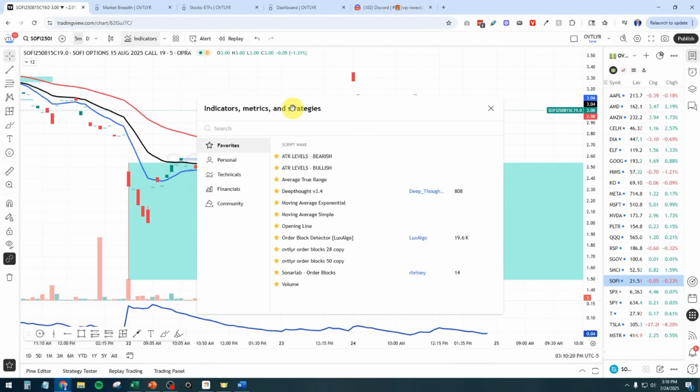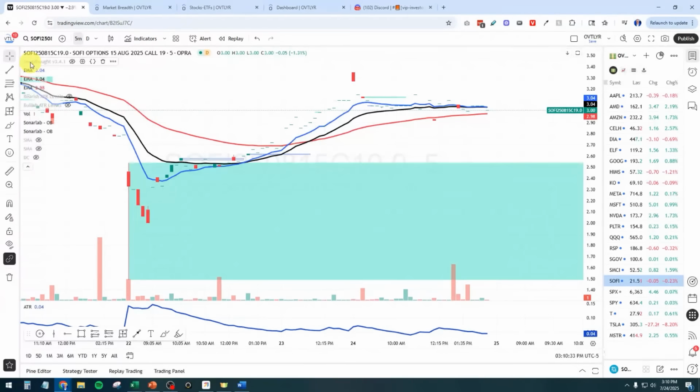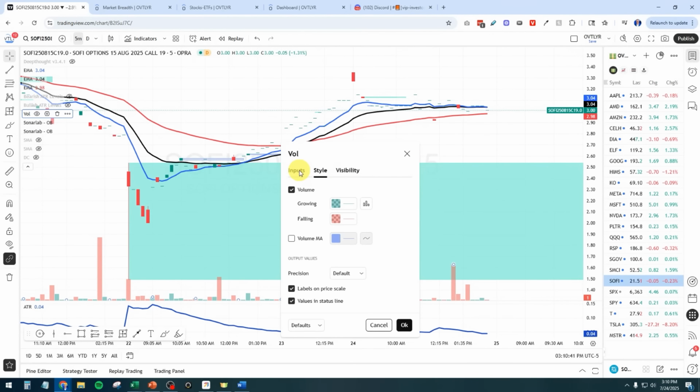I got that volume. Is that a different volume? I don't know. No, it's that one. Just top left of your screen, drop down the box that says 12, and it'll show you. There you go, volume 1. So now you just hover over the bar and it'll show you.